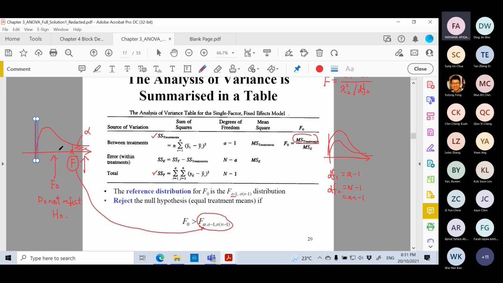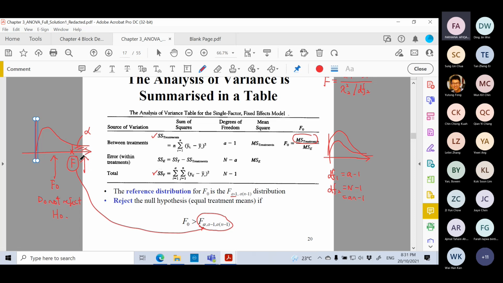If the F naught falls here, then you say do not reject. Otherwise, you reject H naught. Therefore, I will say reject the H naught if the F naught is greater than the F alpha here. If the F naught falls here, then you reject the null hypothesis.